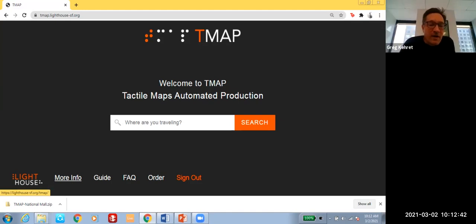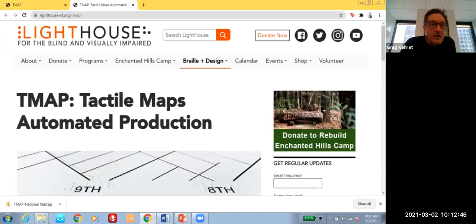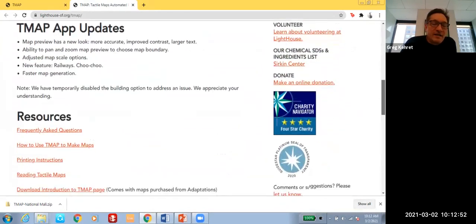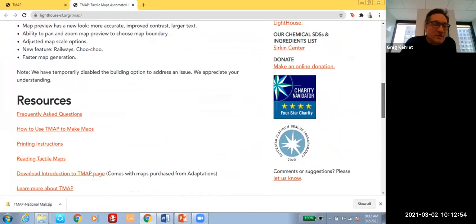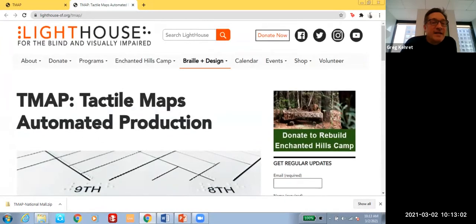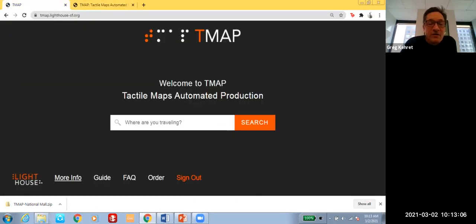I should just click on it and remind myself what is over here at more info. Yeah, it's kind of a homepage about tactile maps. So this is like the list of all the resources, frequently asked questions, how to use Tmap to make maps, printing instructions. So much more granular and detailed than what I'm going to be able to address today. But just so you know that those things are there for you.